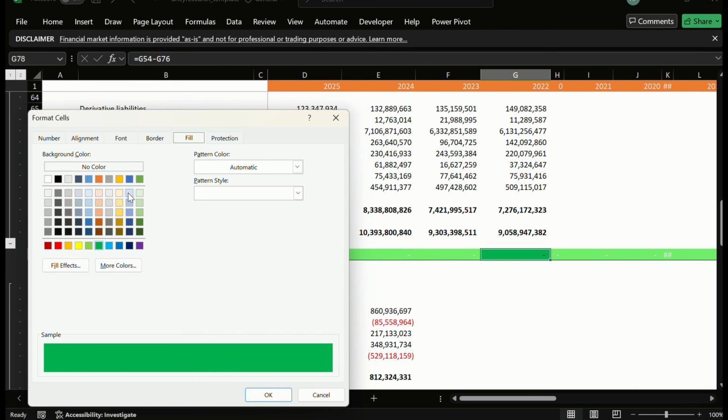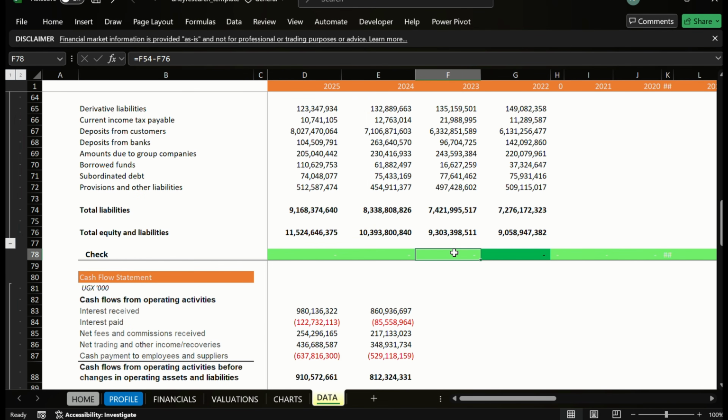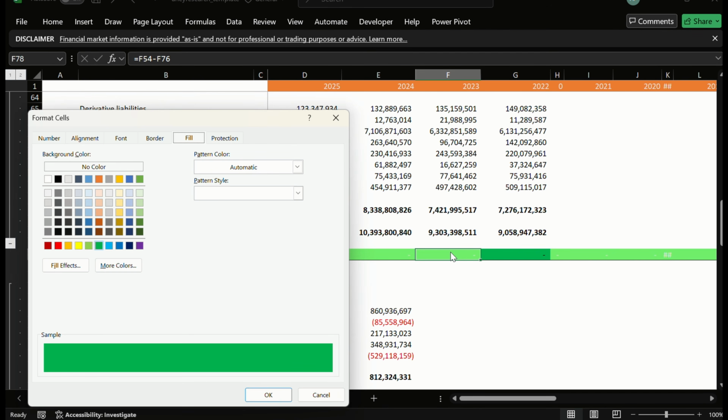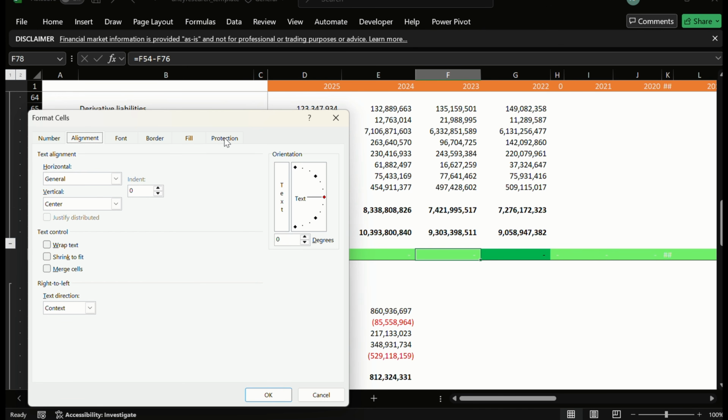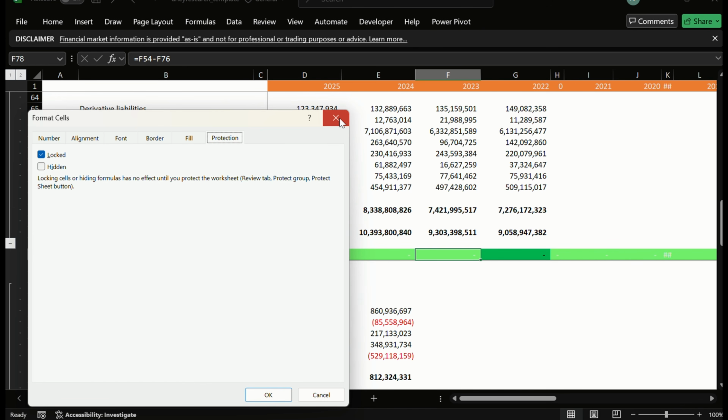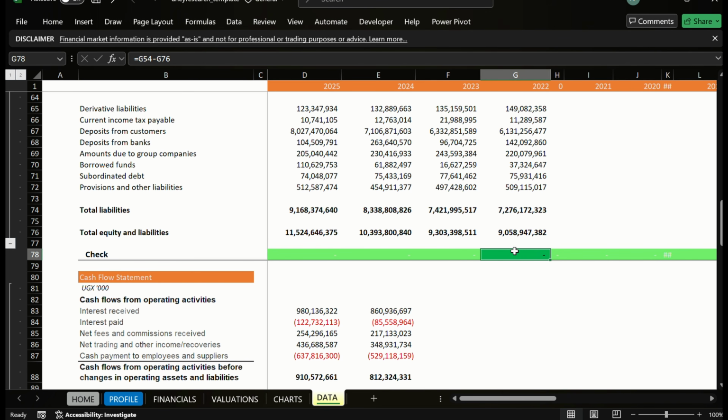Sorry, what did I do here? I don't even remember why I set it to green. Okay, let me just leave that for a moment, as long as they do balance.